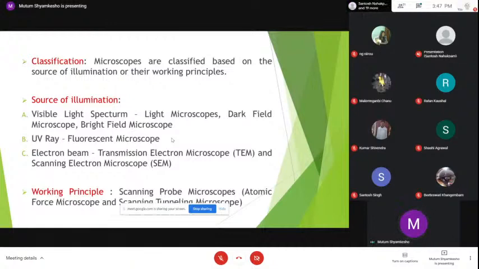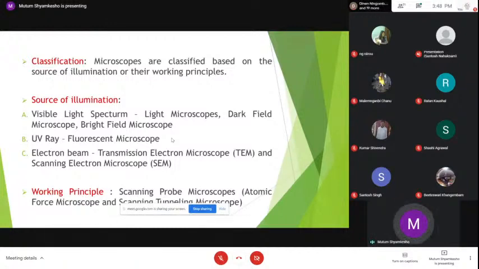In this electron microscope, there are two types: the transmission electron microscope, TEM, and the scanning electron microscope, SEM. And then we consider the classification of microscopes based on the working principle.